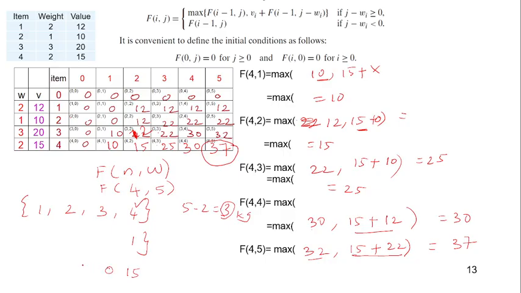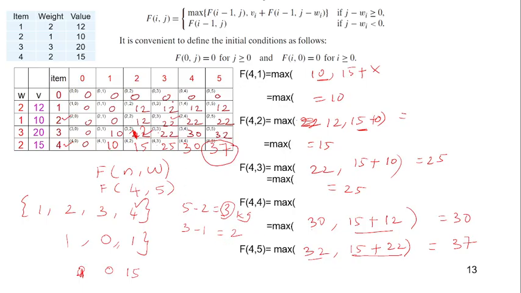So here 0, and include this second item, 1. Second item we have included, and 4 included. So what is the weight of this second item? 1. So 3 minus 1 kg, remaining is 2.